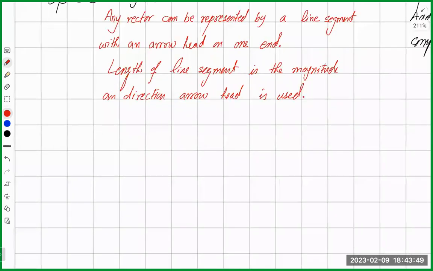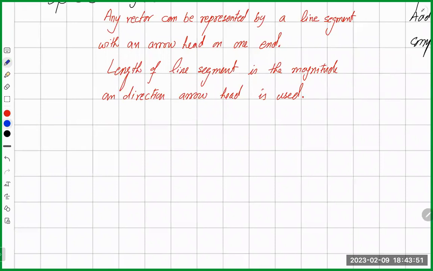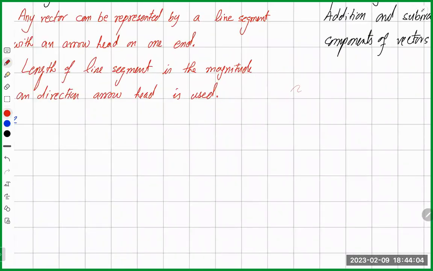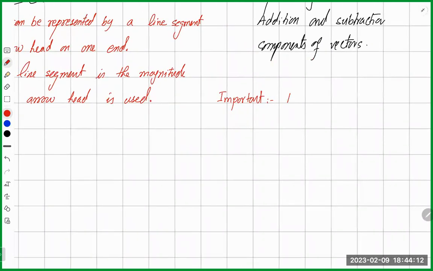For example, every accurate vector diagram is important.